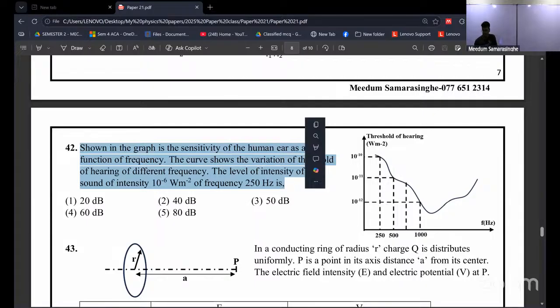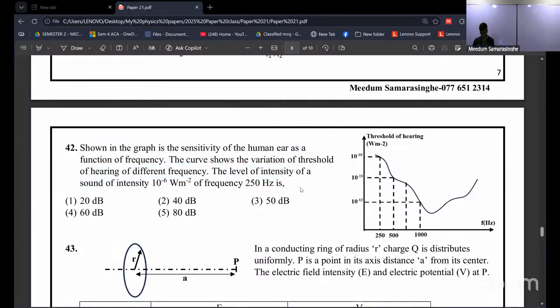Shown in the graph is the sensitivity of human ear as a function of frequency.